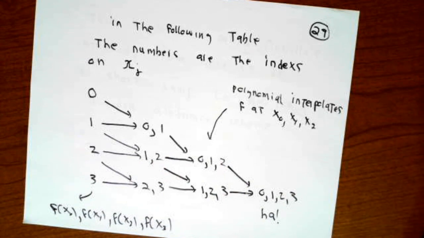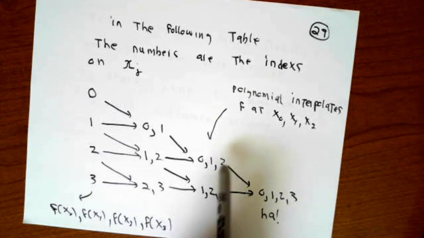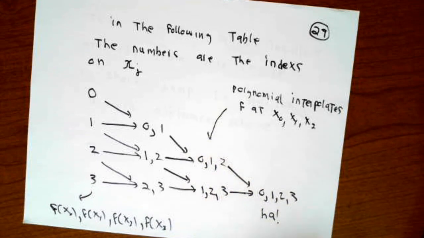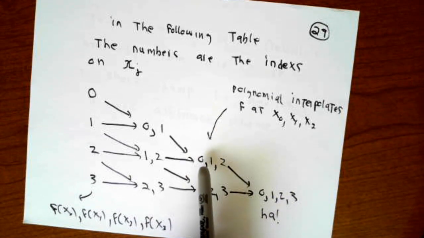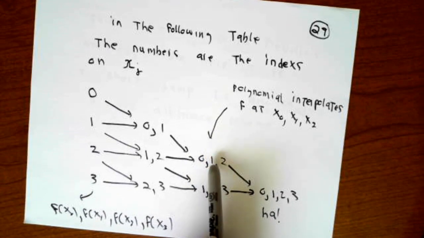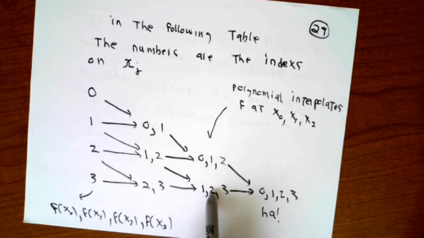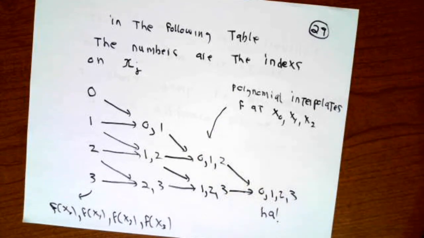But there you are again in that same circumstance. 0 plus 1 is 1, 1 plus 1 is 2, 2 plus 1 is 3. I can combine these two pieces of information using my R polynomial and get a polynomial that interpolates at 0, 1, 2, 3. I'll have a polynomial that interpolates at x_0, x_1, x_2, and x_3, and that's going to be my interpolating polynomial.